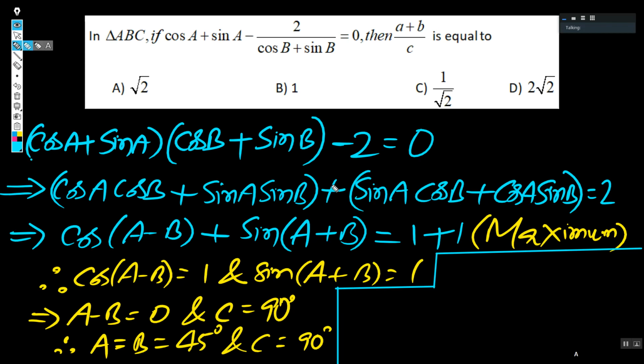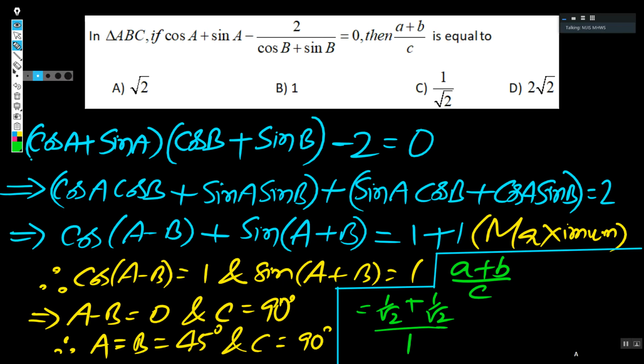So (A plus B) by C is equal to sine A plus sine B, means sine 45 plus sine 45 divided by sine 90. That's the answer. 2 by root 2 is the answer.